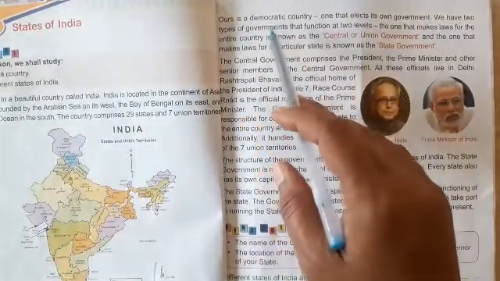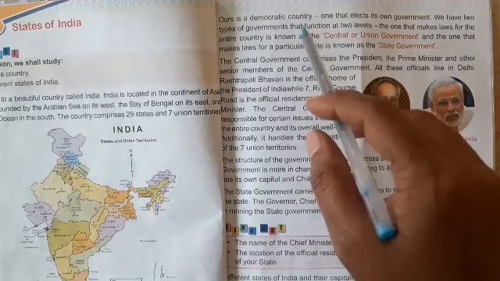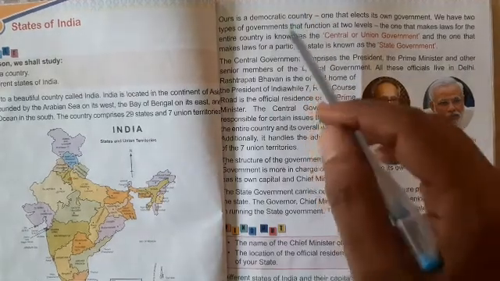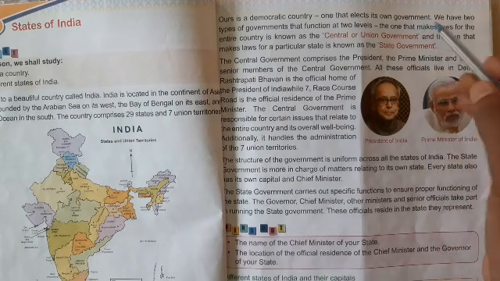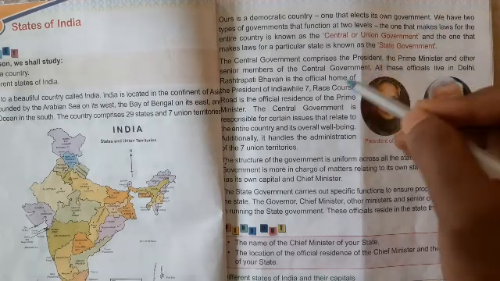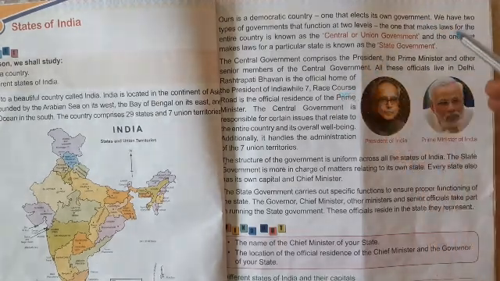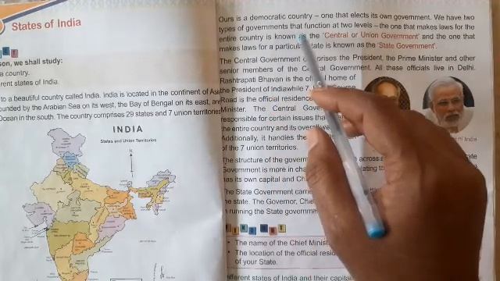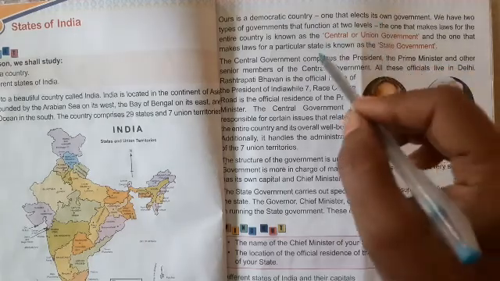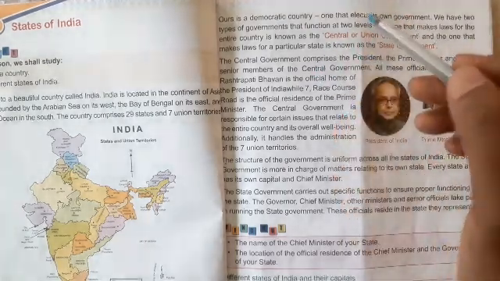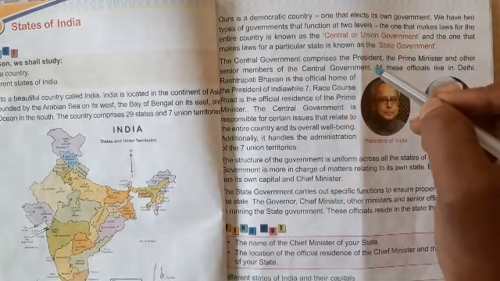Ours is a democratic country. Here, we elect our own government. We have 2 types of government that function at 2 levels.